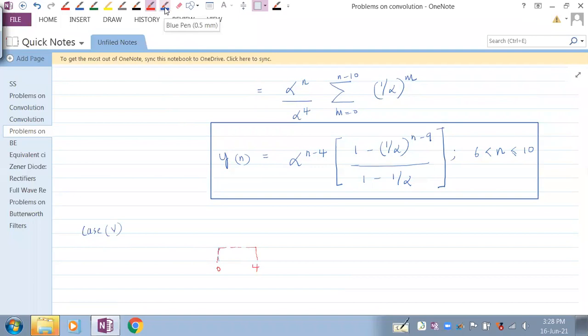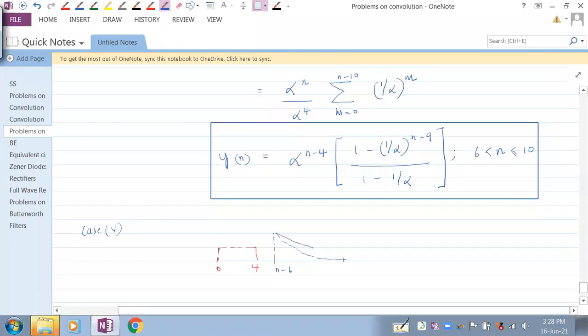Now this is the moving signal which has already moved out of the range. Understand? This is n minus 6, so n minus 6 to n is this.